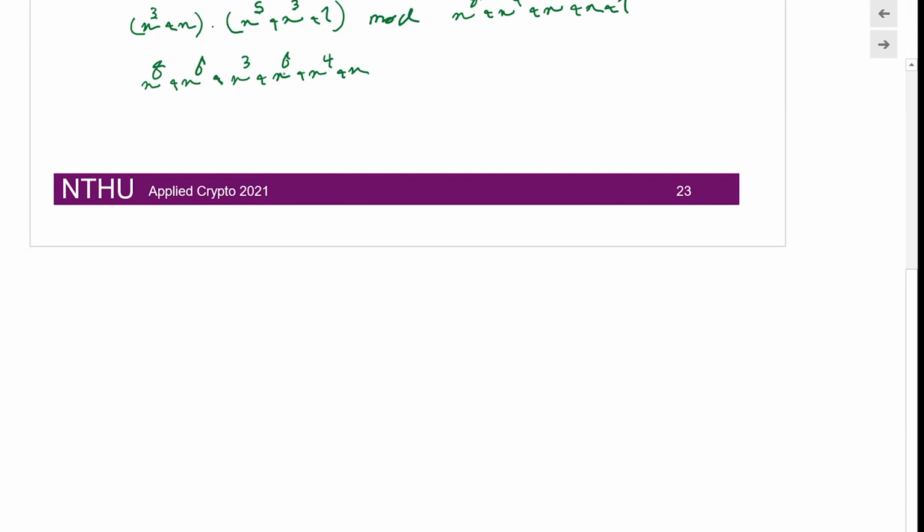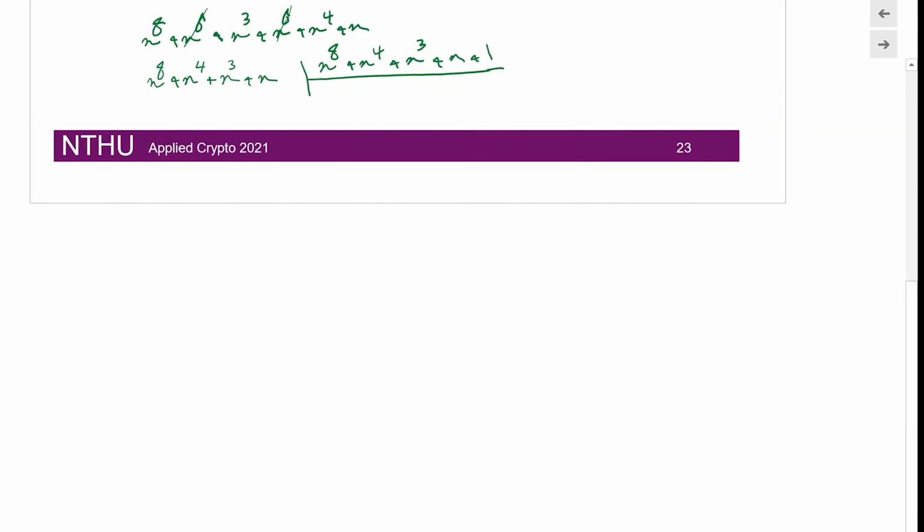So what did I get? I have 2x6 over here, so they cancel each other. So at the end, I'll get x8 plus x4, right? Plus x3 plus x. This is what I get. Now, if I divide this thing by what I had here, x8 plus x4 plus x3 plus x plus 1, let's see what I get.